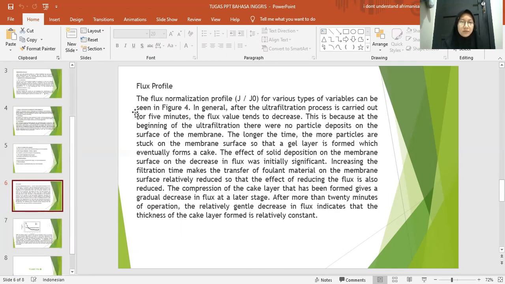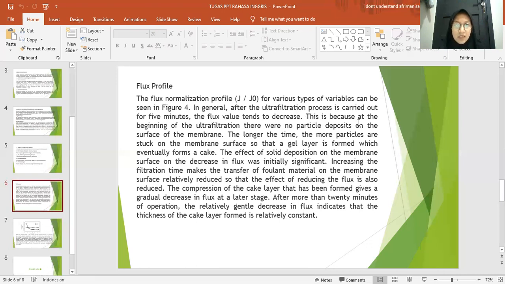Flux profile. The flux normalization profile J over J0 for various types of variables can be seen in Figure 4. In general, after the ultrafiltration process is carried out for 5 minutes, the flux tends to decrease.